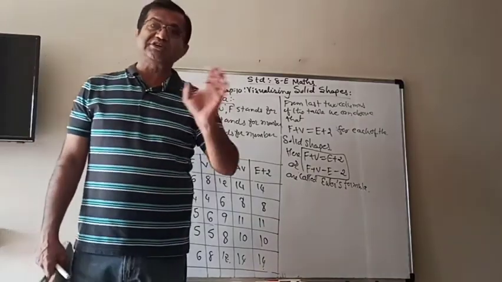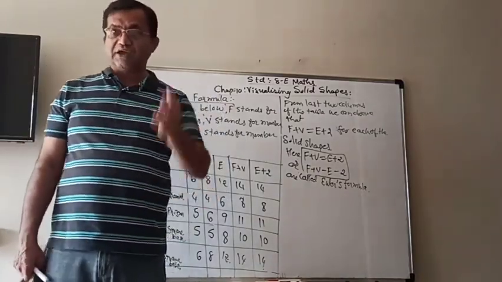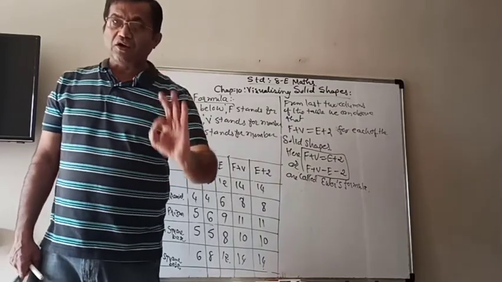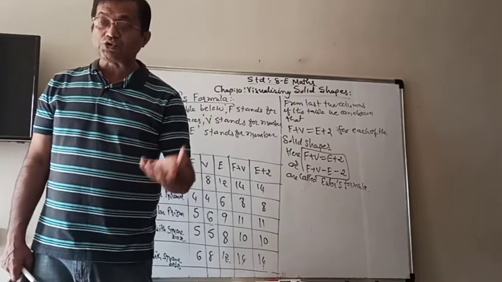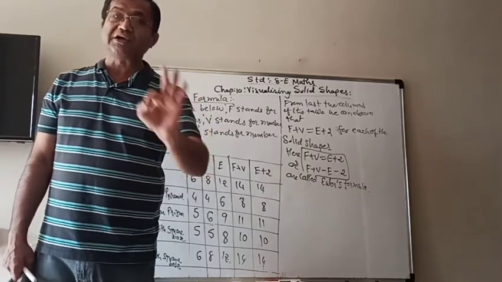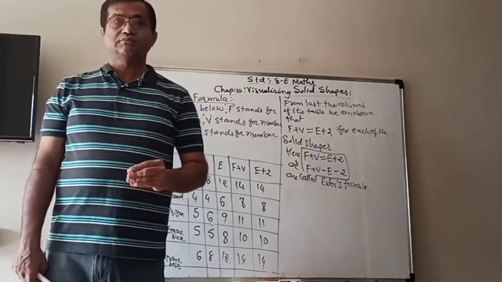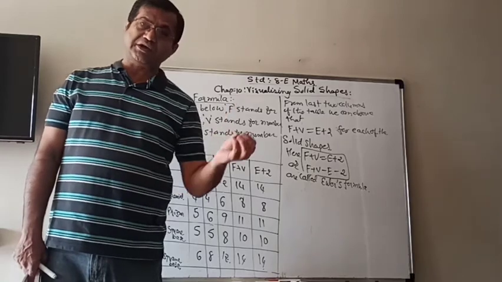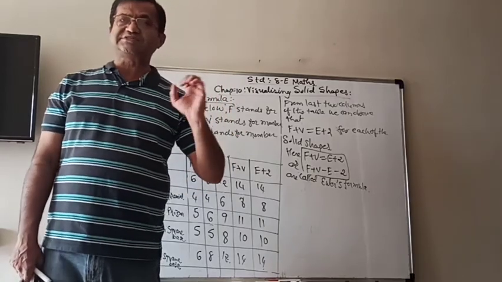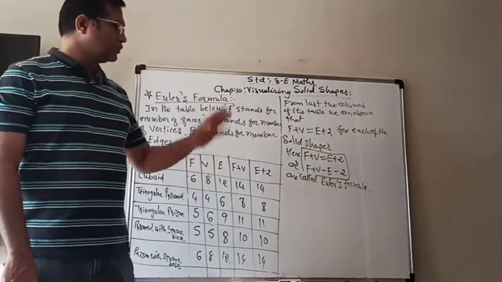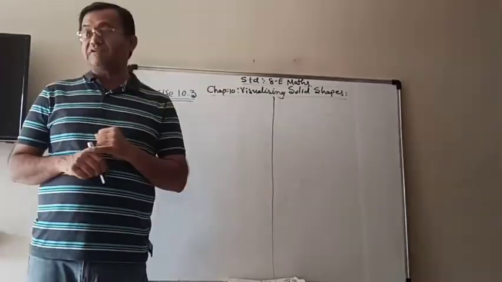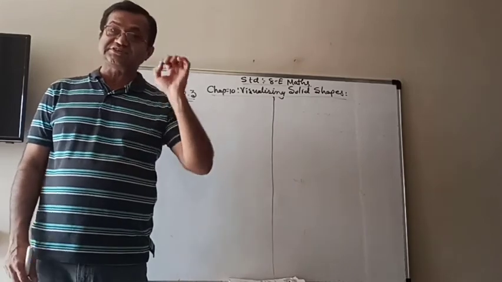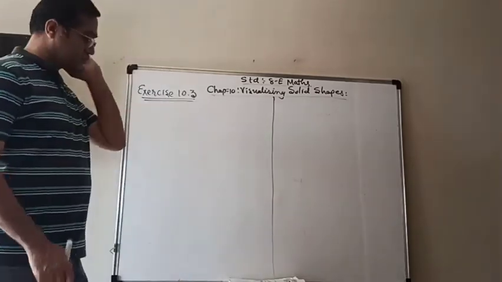Or sometimes the question can be like that they give all three, F, V and E, and ask you to verify Euler's formula for this solid. So in this situation we have to put the LHS and RHS different values and then you find out the relation like this.